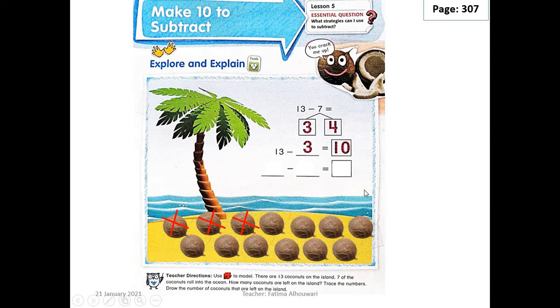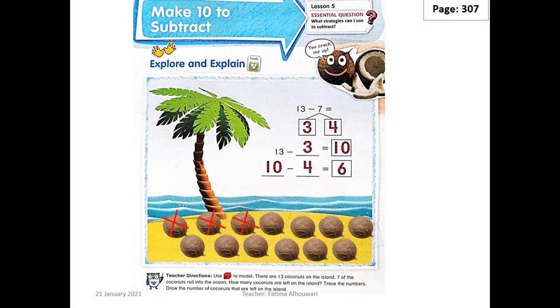Excellent, grade 1. So, how will we write a subtraction number sentence to finish solving the problem? Now we have 10 coconuts and we have to take away 4. So the subtraction sentence is 10 minus 4 equals 6.